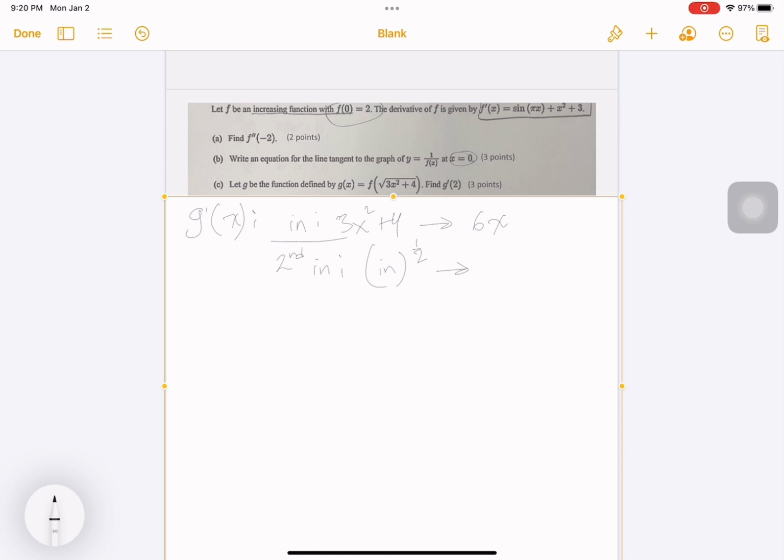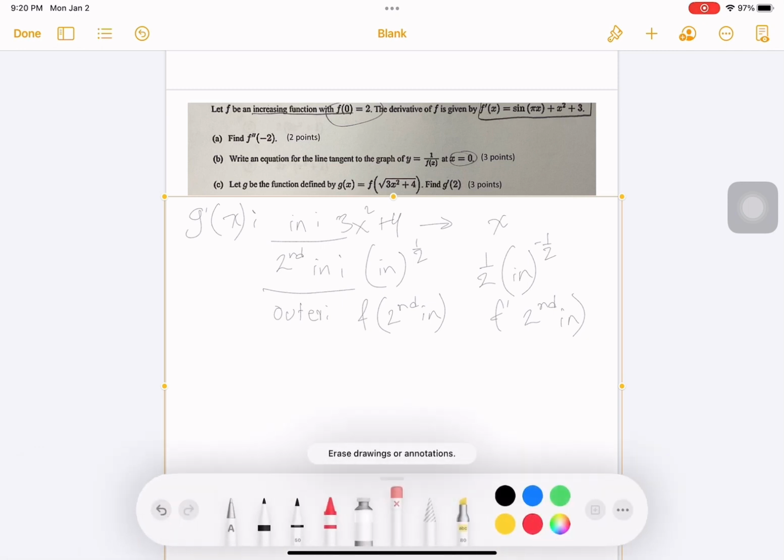So our inner function to the 1/2 power, and the derivative of that would be power rule again, with negative 1/2, because we had to subtract 1 here. So now our outer would just be f of our second inner, and the derivative of that would be f prime of our second inner.